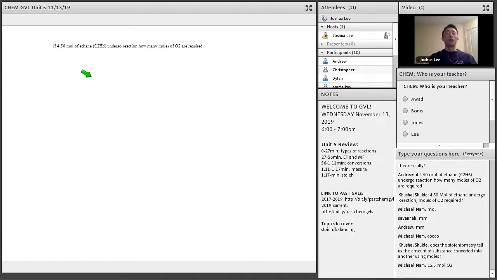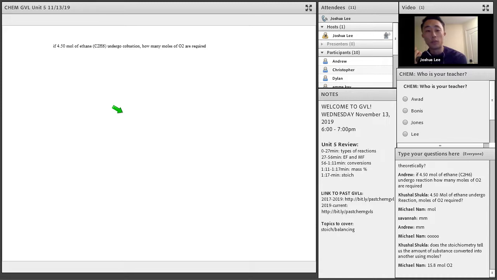So this stoichiometry is great because I could just give you this sentence and then say, all right, go do it. Something I might have to add for this one is undergoes combustion. Now do it.